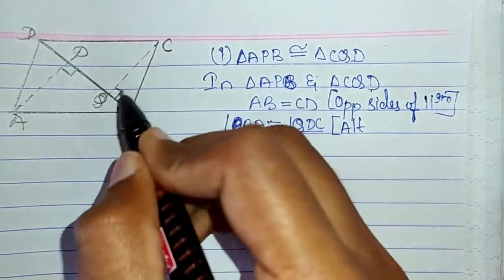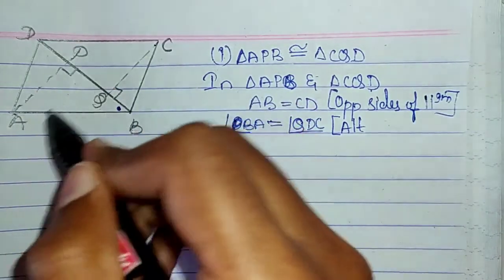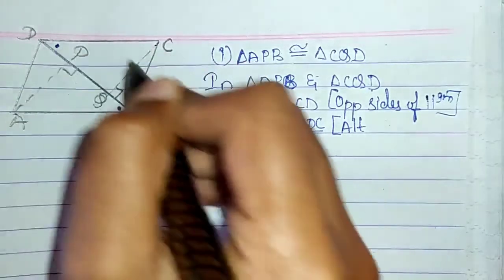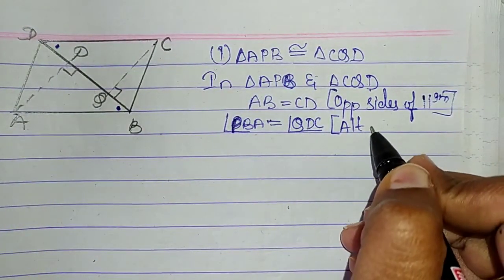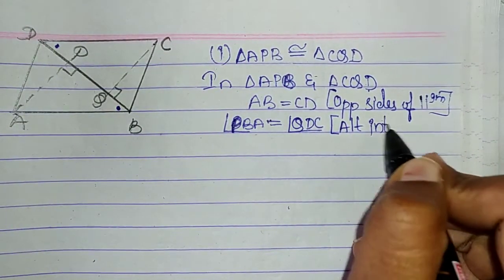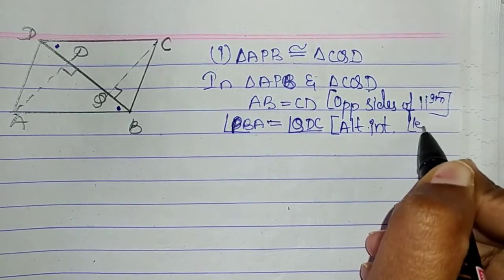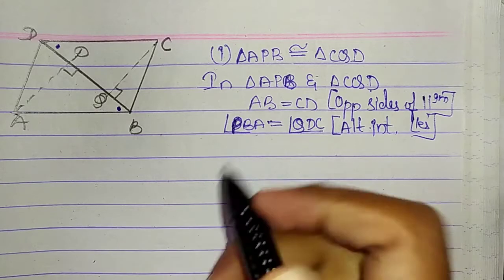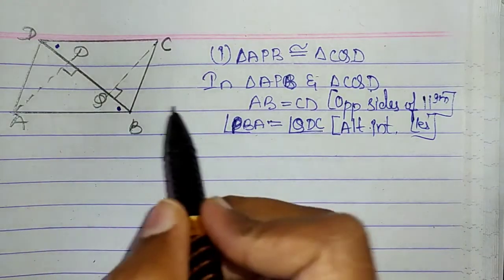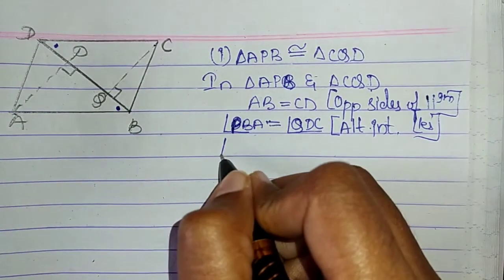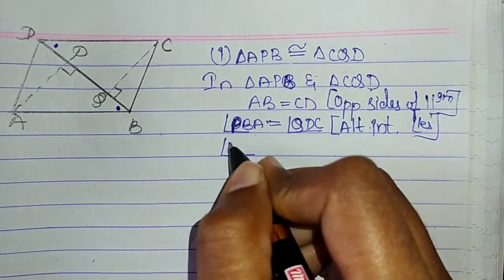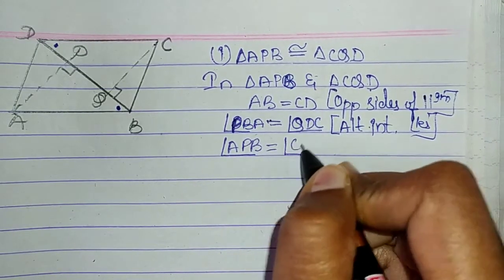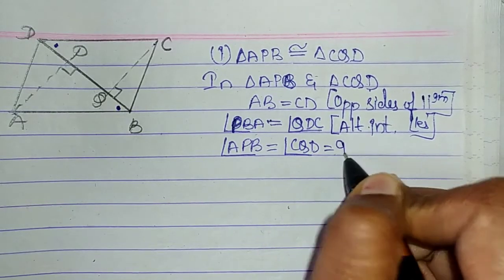Angle PBA is equal to angle QDC. These angles are a pair of alternate interior angles, so they are equal to one another. And lastly, we have angle APB equal to angle CQD equal to 90 degrees.